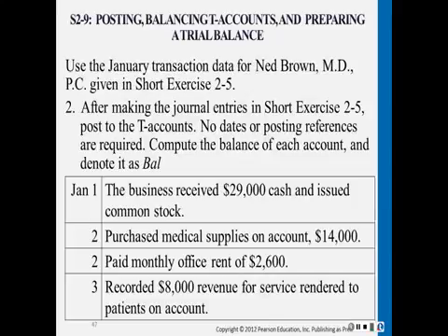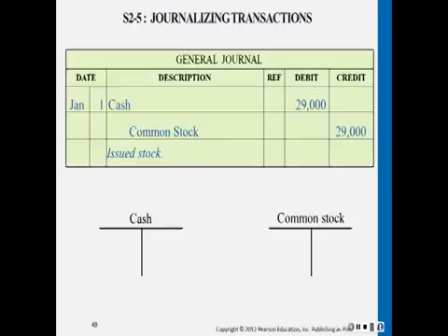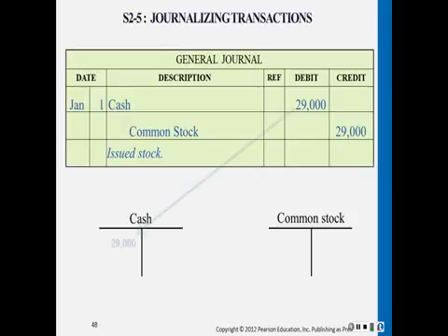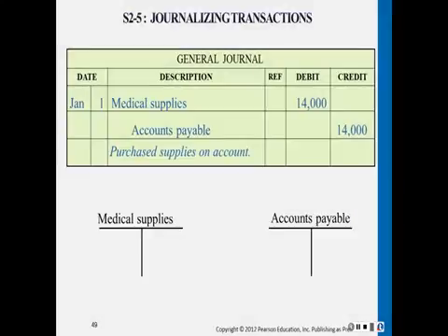In short exercise 2-9, we post the journal entries from a previous exercise to T accounts. Cash is a debit of $29,000 and will be posted on the debit side, $29,000. Common stock, a credit for $29,000. Medical supplies, debit of $14,000.